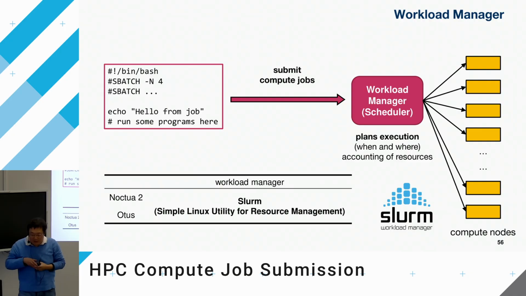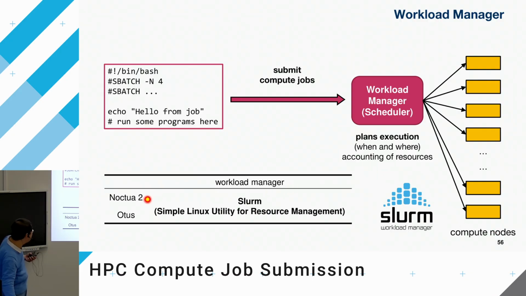A workload manager makes a plan for when and where to execute your calculation, to execute your job, and also on which compute nodes. For example, on Otus, there are about 1,000 compute nodes. So on which compute nodes and when to execute them.